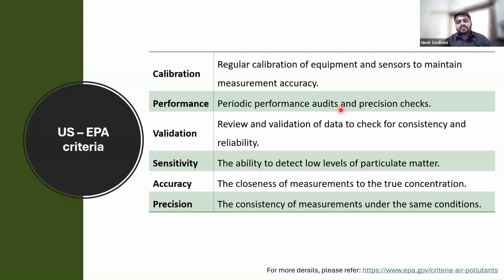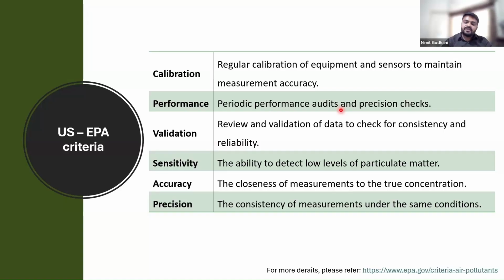Precision is the consistency of the measurement under the same conditions. This is the big challenge in Southeast Asia. Especially in India, you can see very harsh monsoon, winter, and summer seasons, so this will also affect the precision of the PM sensors.